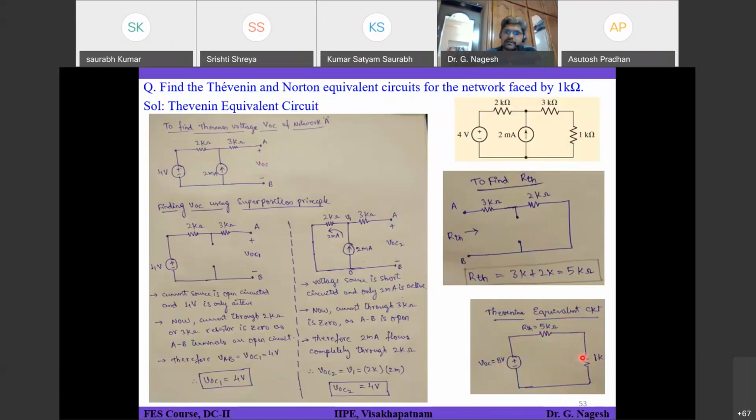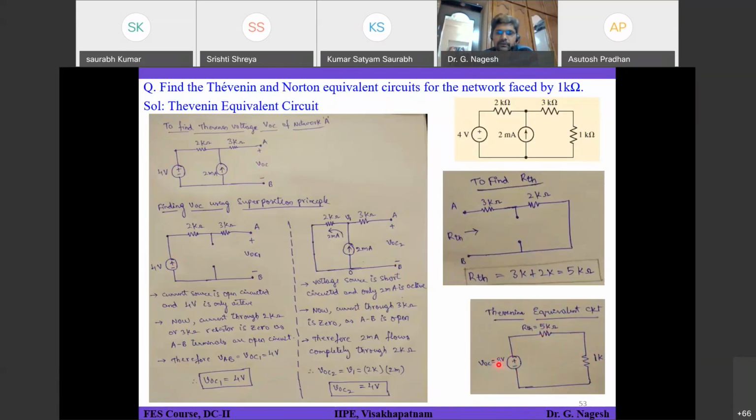Now you will see what Norton's equivalent circuit is. What could be the Norton's equivalent current? Can anyone say? Simply convert this voltage source in series with 5 kilo ohms into a current source with a parallel resistor.